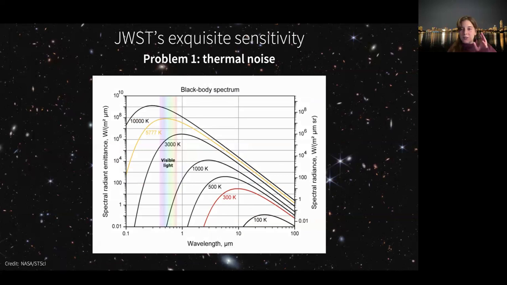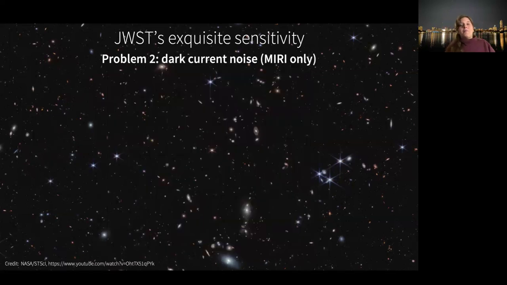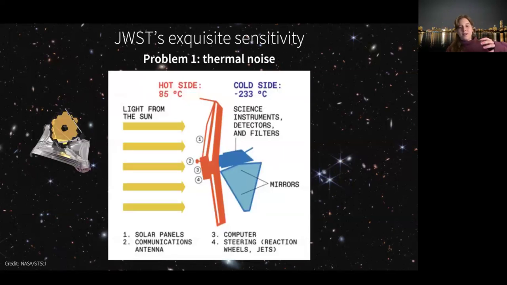The problem is that there's this one instrument, MIRI, which is looking at the band from roughly 5 microns to roughly 30 microns. And so there you have to go a step further.